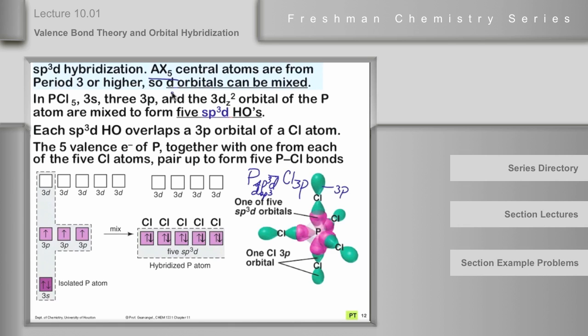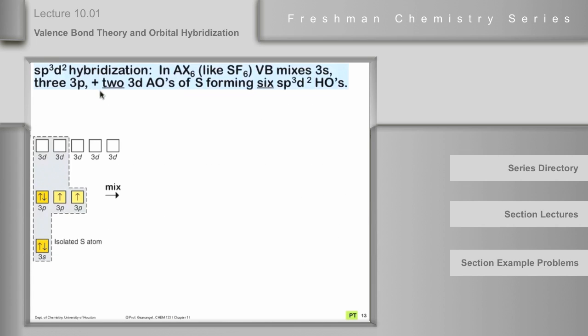Now, this sp3d hybridization will apply to anything that has 5 electron groups around the center atom, as before. So that would work for SF4, where you had an AX4E, or a T-shaped molecule like BrCl3 that had 2 lone pairs and 3 bonding pairs. That would work.